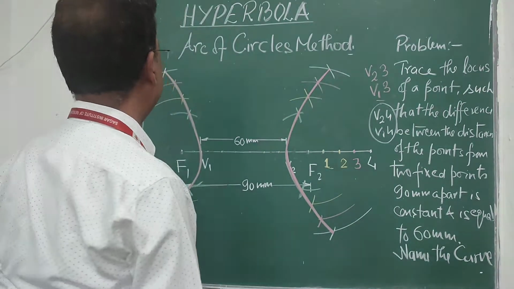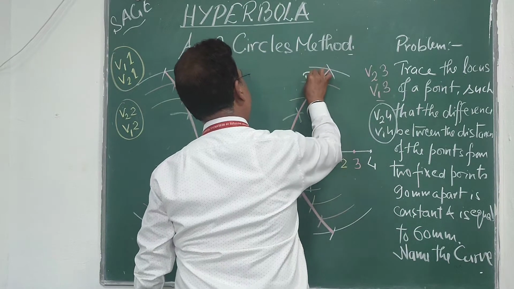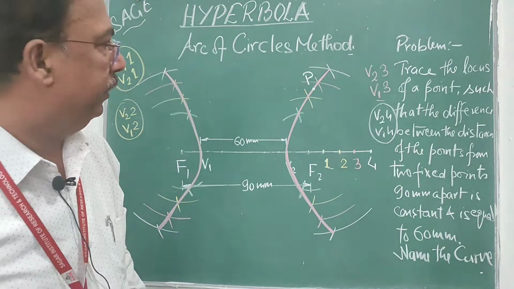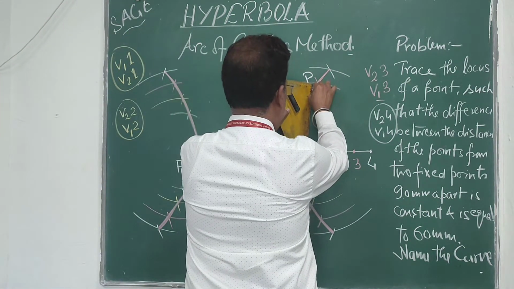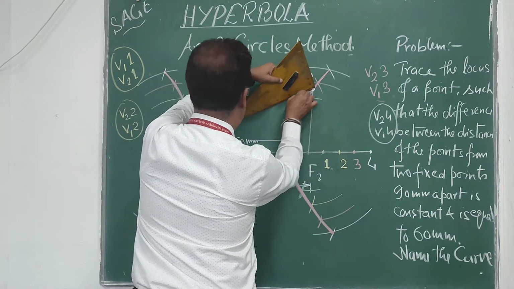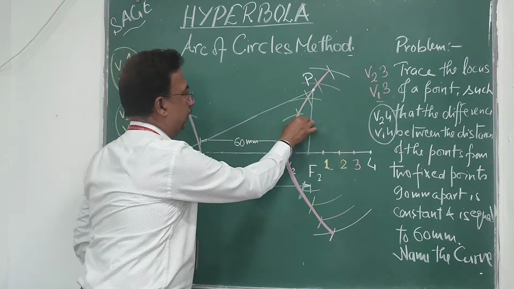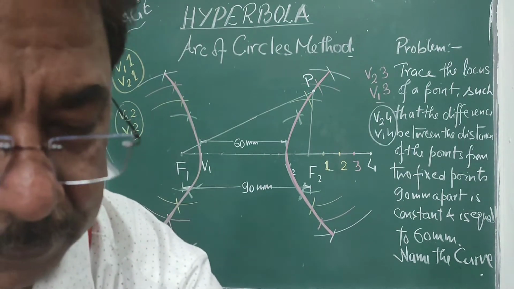If you want to draw a tangent and normal on this curve, then also I will show you the method. Suppose we want to draw a tangent and normal at any point, that will be a point P on this curve. So the method will be, from this point P, join P with F1 and F2, and bisect this angle with the help of arcs.